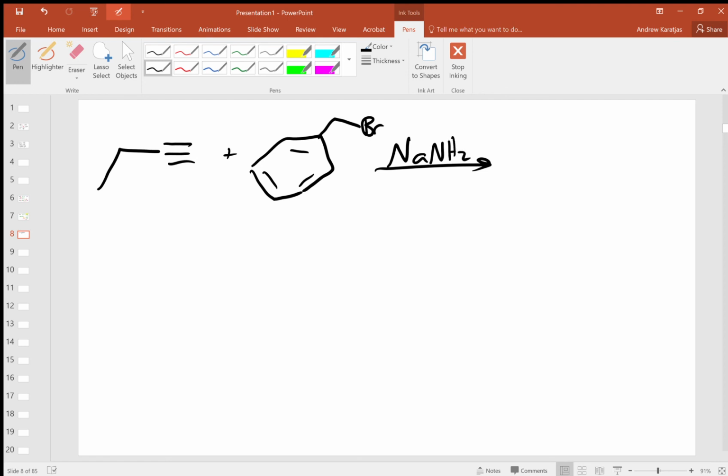An alkyl halide like the one we have here is a good example of one that can work well for this reaction. The leaving group here is primary, and the adjacent carbon, which is this one, has no hydrogens.